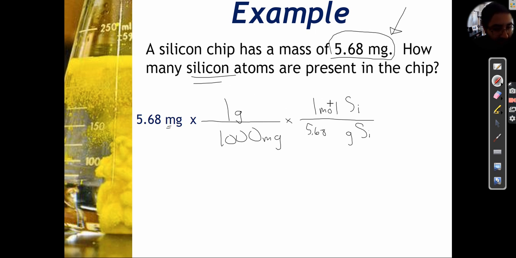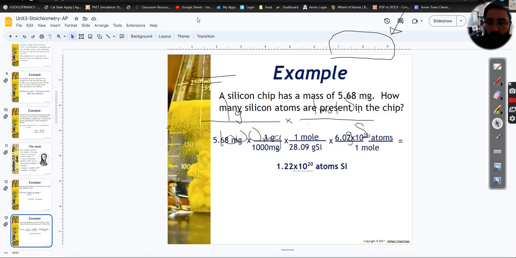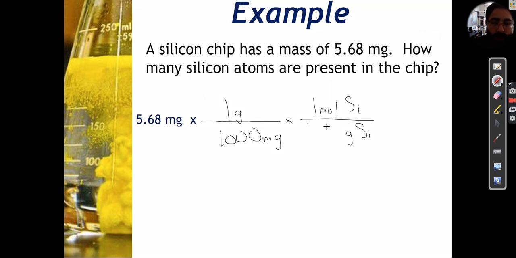No, because that's not the mass of 1 mole. The mass of 1 mole is always on the periodic table. So we look at the periodic table, we find Si. Si is right here, 28.085. So we would put 1 mole is 28 point.